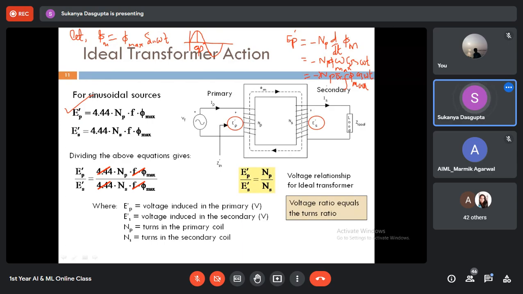This constant, 2 pi divided by root 2, how much? 4.4428. Yes, 4.442.